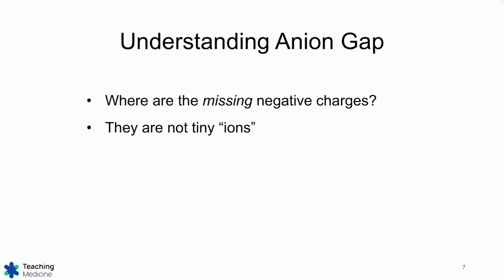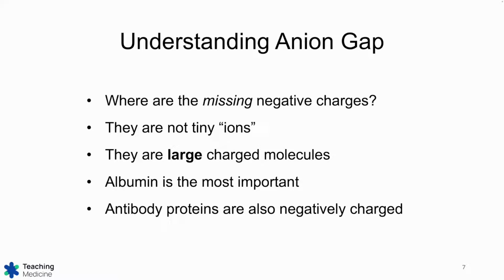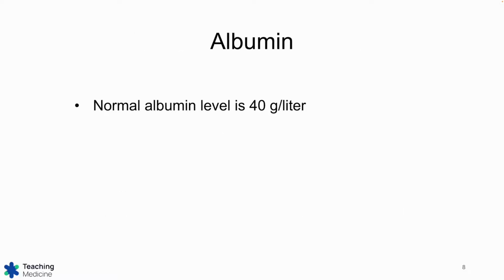They're not tiny ions. In fact, they are large charged molecules. And the most important one is albumin. There are others, such as antibody proteins and other proteins, other large molecules. And we're just acknowledging these. We're not going to include them in the math, but we are going to take a closer look at albumin.